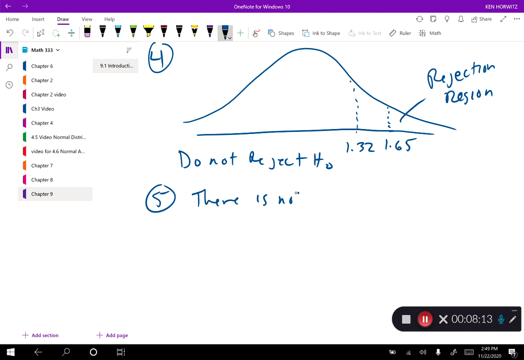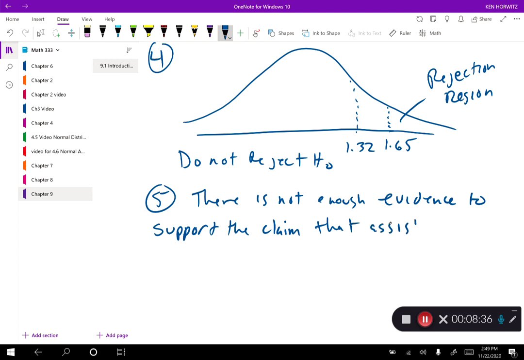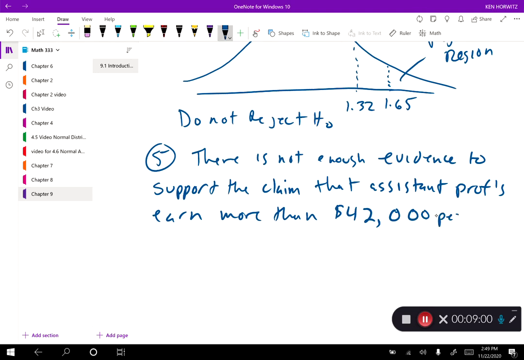There is not enough evidence to support the claim that assistant professors earn more than $42,000 per year.